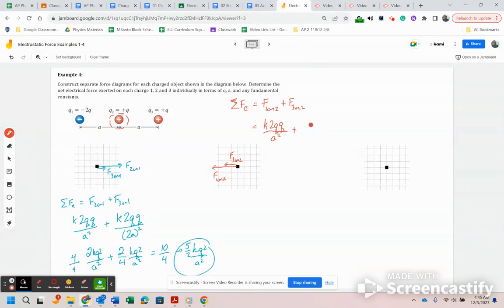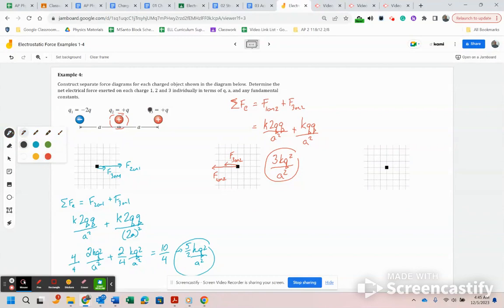Added to that is going to be the force of 3 on 2, which is KQQ over A squared. Ultimately, this is 3 times KQ squared over A squared. That'd be your answer for the net electrical force on Q2.